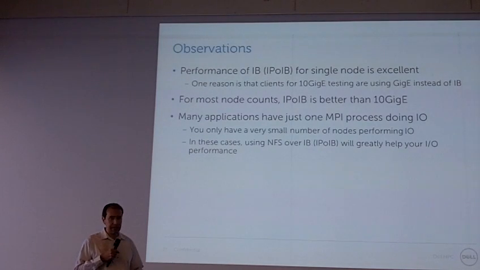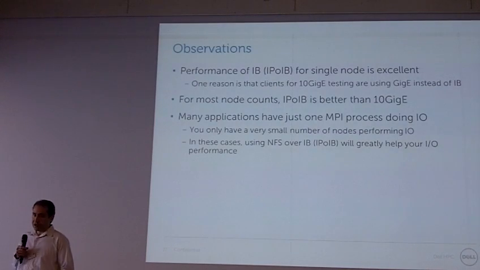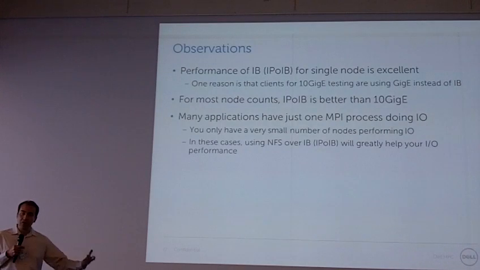The other point that's important to note is that although you think your workloads are sequential, when the number of nodes increases, the actual workload that's seen on the I/O server may be randomized.